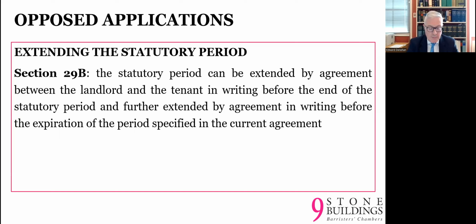A very useful provision in section 29(b) is that the landlord and the tenant can, by agreement in writing, extend the statutory period, provided they do it before the statutory period expires, and they can continue extending it by agreement in perpetuity before the expiration of the period specified in the current agreement.